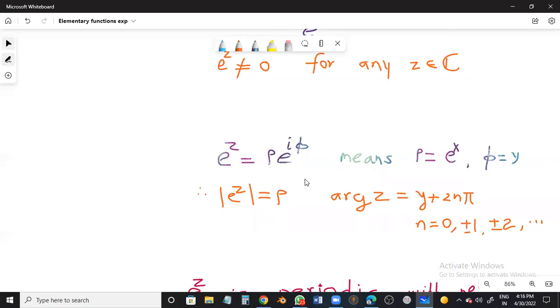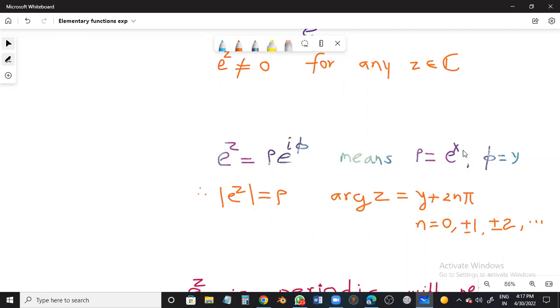To be more specific, we know it depends on cos and sine, and cos and sine both are periodic functions. So they being periodic, they repeat after every 2 pi. The period will be 2n pi, and because we are adding it to the argument, there is i along with it. It is attached with i. So what you observe, the modulus of e raised to z is always rho. How to get this rho?